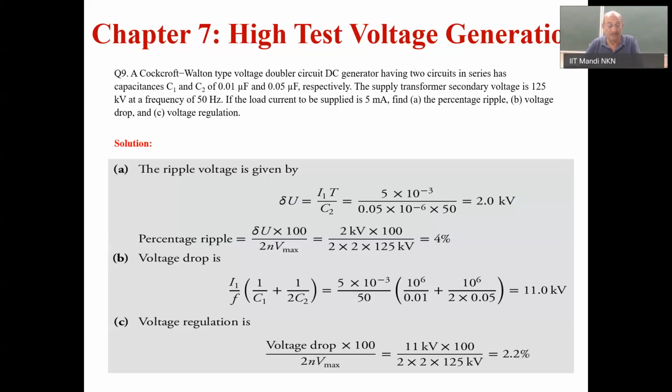The output is DC voltage. So for a single stage, we have known that delta U is given by I1 T upon C2, where T is the time period, so 1 upon T is the frequency.